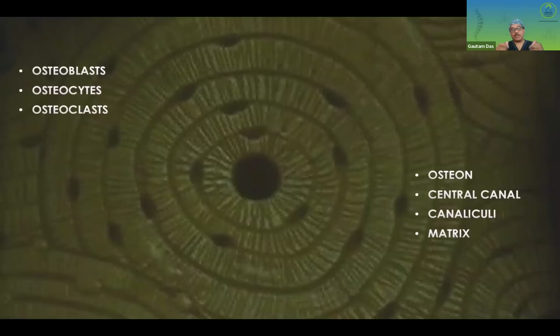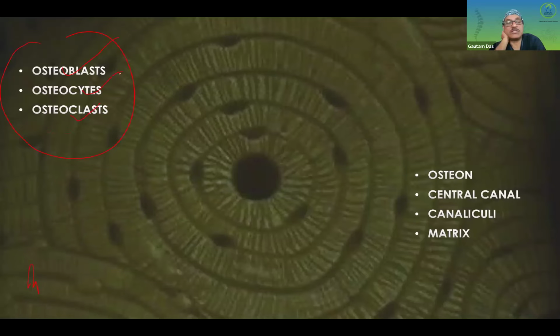So this is my background; I have taken it as a unit of the bone. What is important here is that there are three types of cells in the bone: osteoblast, osteocytes, osteoclasts.